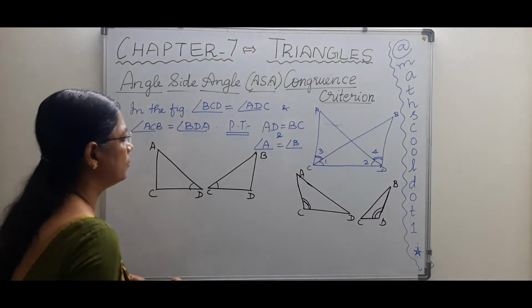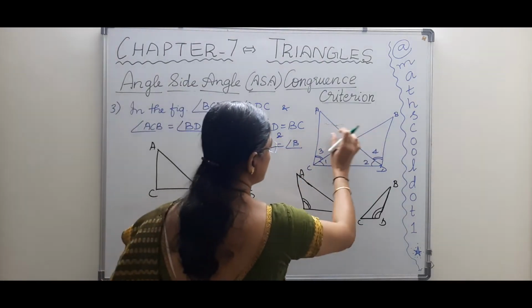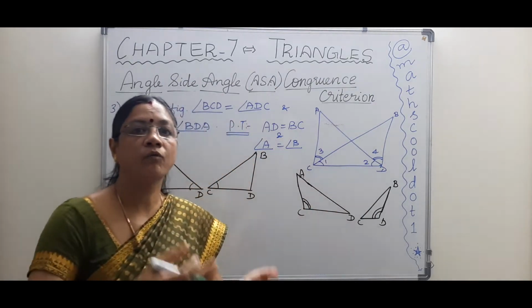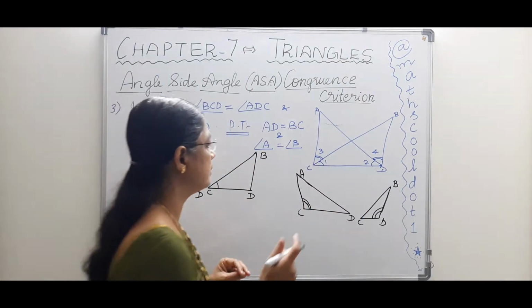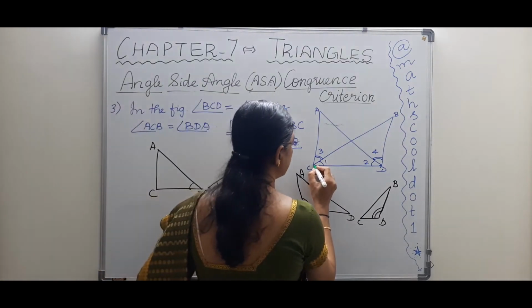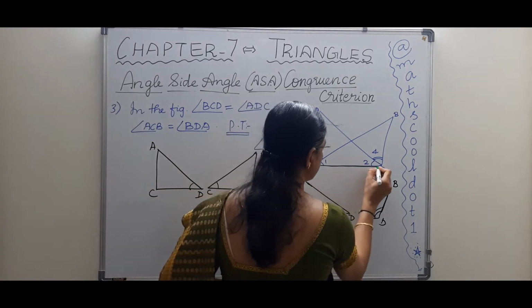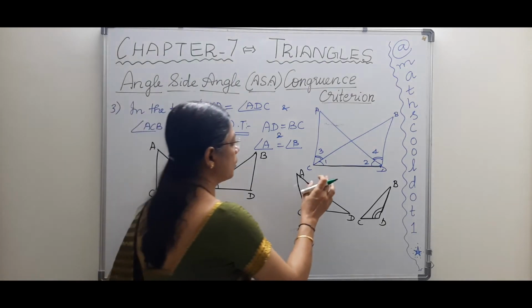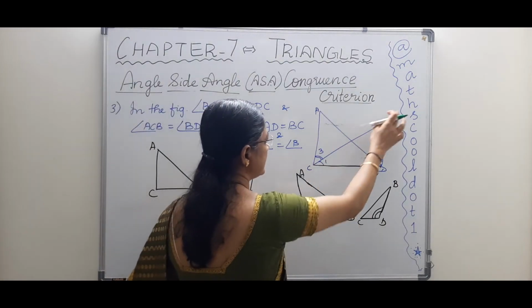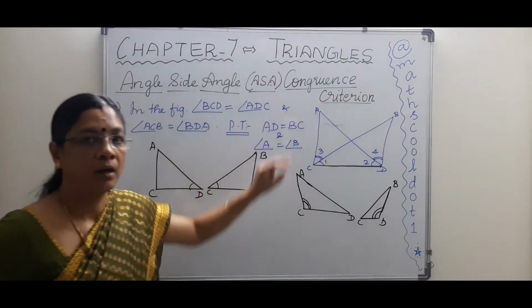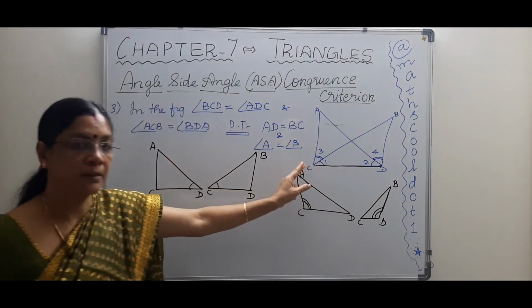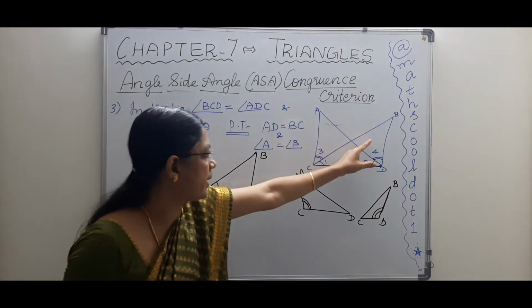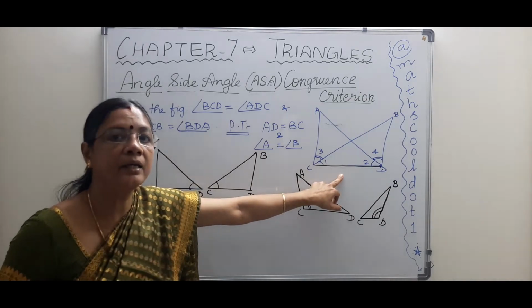Now regarding these two triangles, I've got one more thing which is common to it, the line CD. The side CD, or the line segment CD, is common to both the triangles ACD and BDC. So both the triangles have the common side CD.